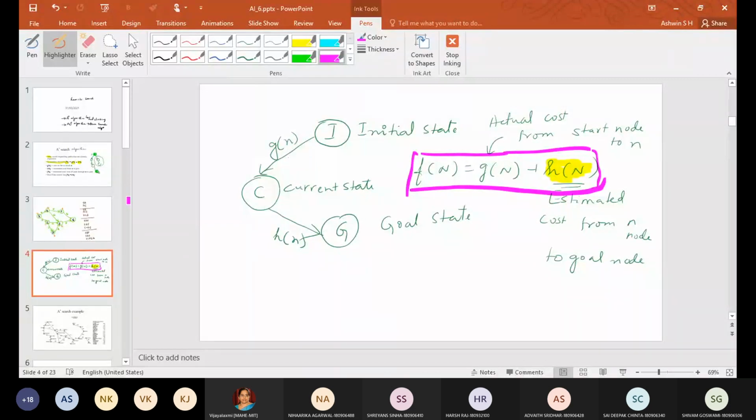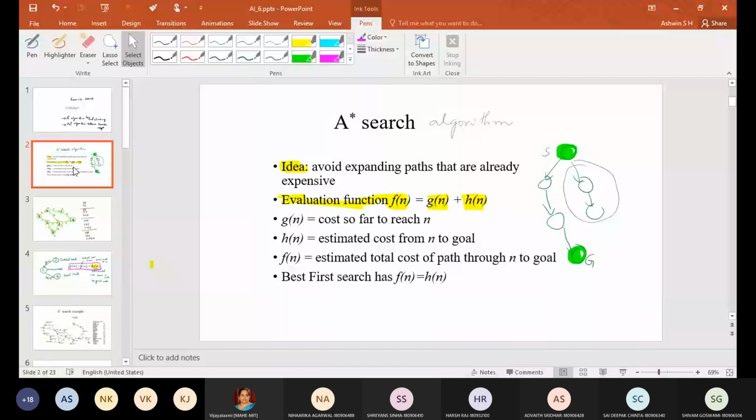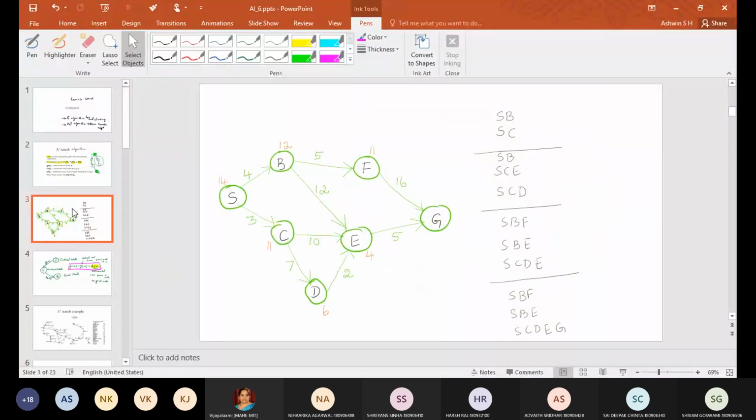Based on this, I'll take up one problem directly and explain how to make use of the A star search algorithm to start from node S and reach the goal node, and what data we are going to store in the queue every time.